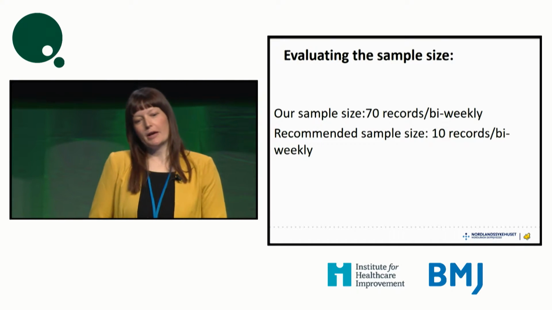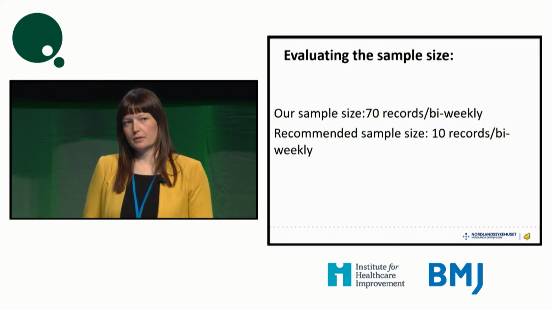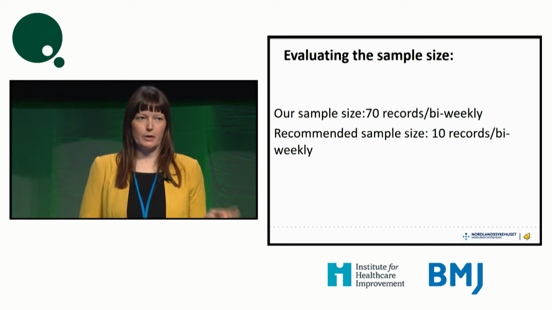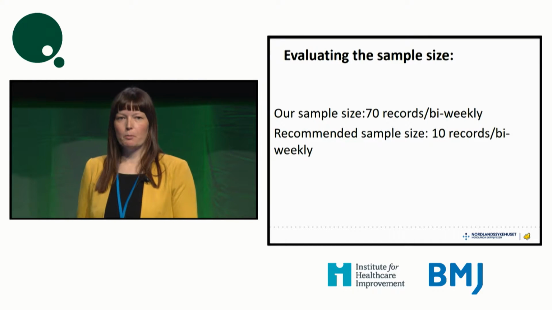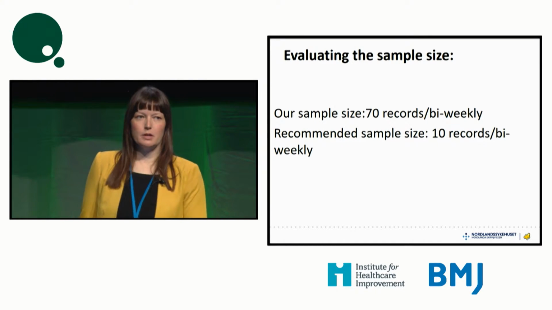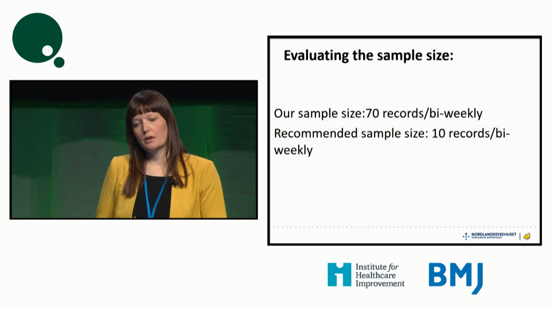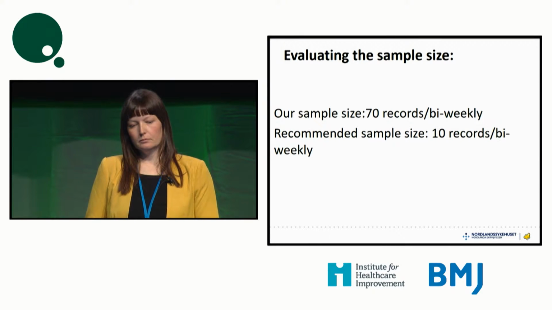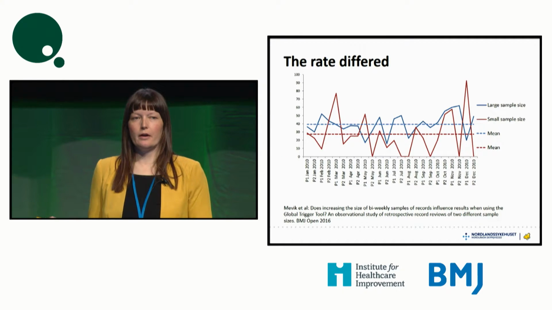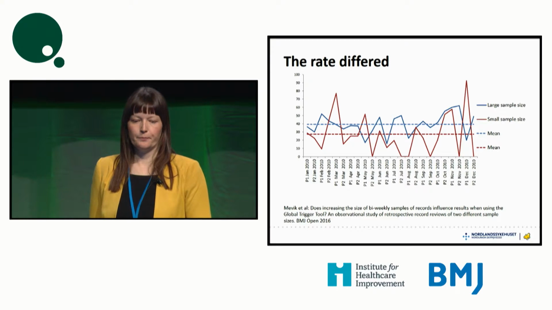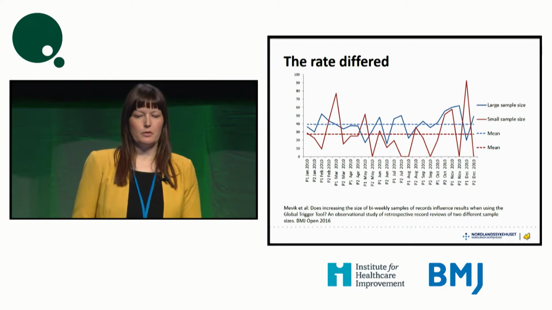By evaluating 2 different sample sizes, one sample size with the recommended 10 records selected randomly biweekly, we compared it to a larger sample size, which we selected in the same way with 70 records biweekly. And we did this through 1 year, in 2010. And we found that there was a different rate.